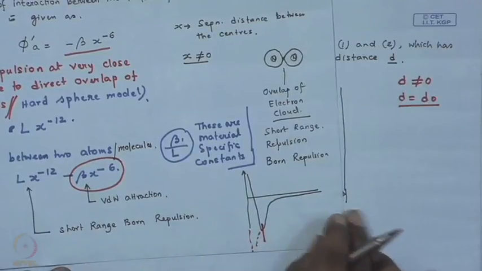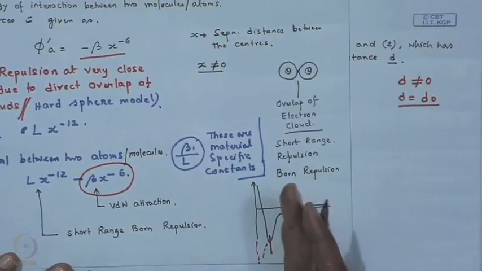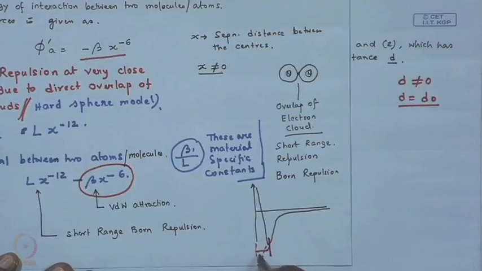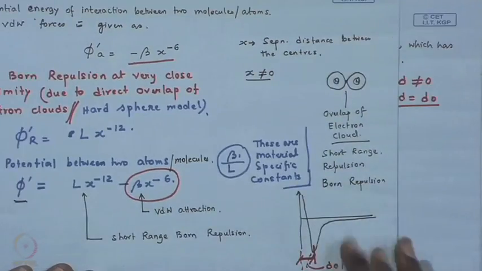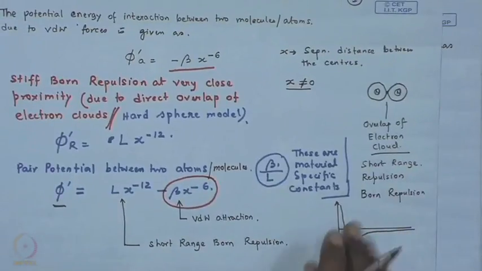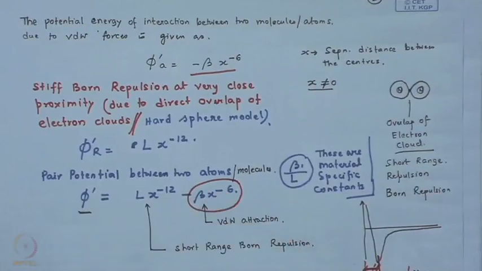This point is the minimum distance at which it can come. Since it cannot come to a distance below this, let us say d0 or xm, these two blocks can never be subject to the repulsive interaction, and it is perfectly justified to consider the attractive interaction only. Okay.